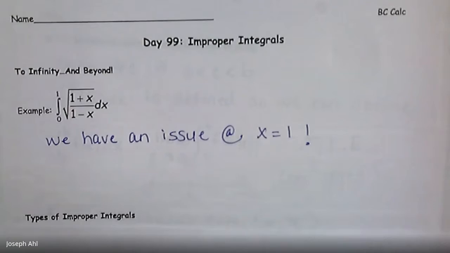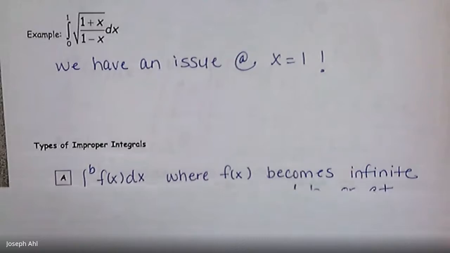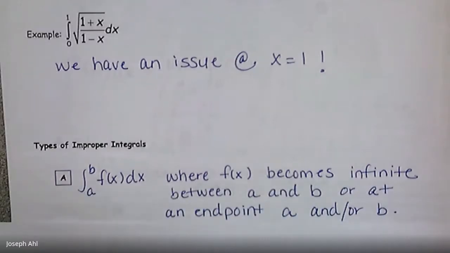But there are two different major types of improper integrals. First of all, type A. Type A improper integrals are the integral from a to b of f of x dx, where f of x becomes infinite between a and b, or at an endpoint a and/or b.